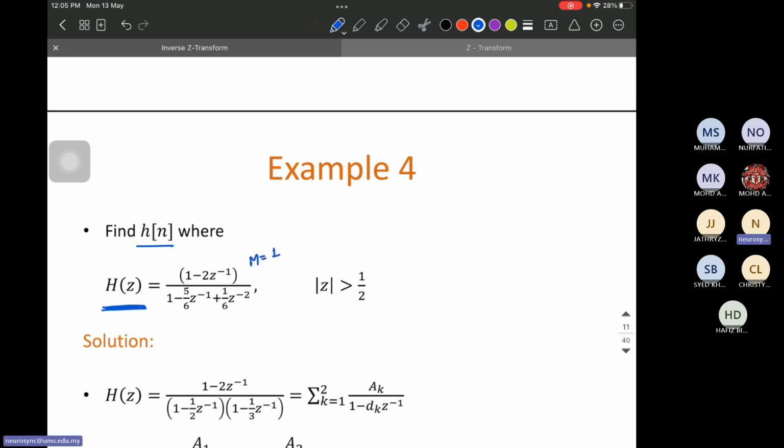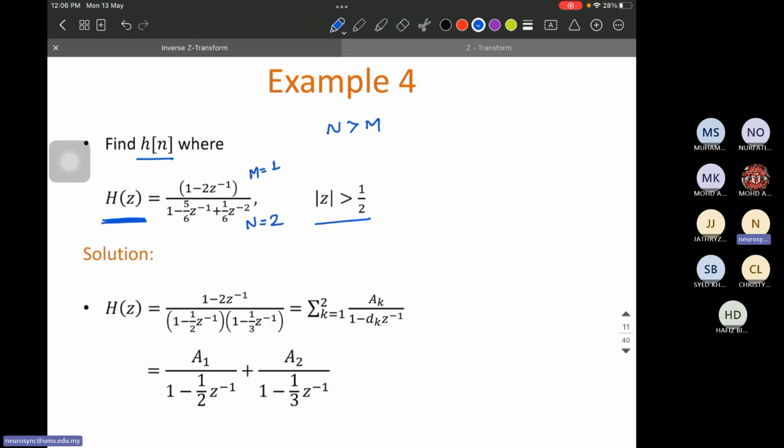For the denominator polynomial, the highest power of z inverse is 2, therefore N is equal to 2. So here we should use the case where N is greater than M. The ROC is also given: modulus of z is greater than 1 by 2.